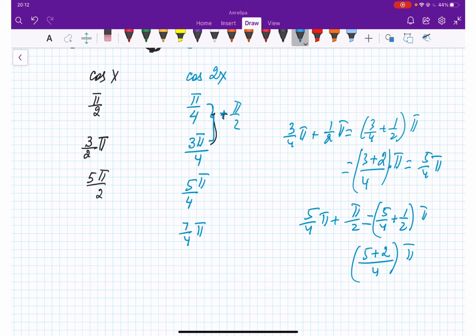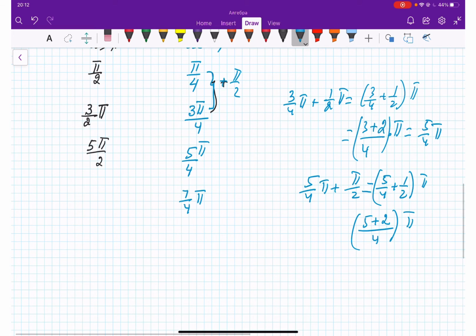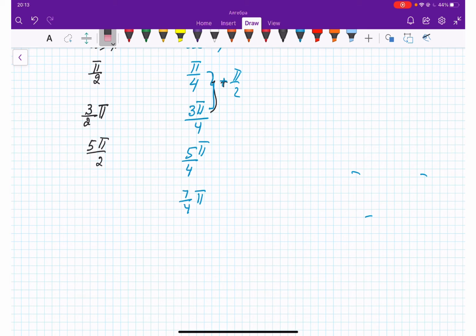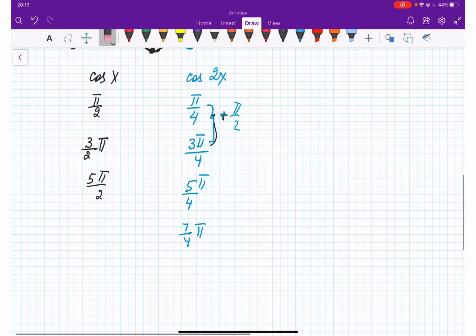If I add another half a pi, I will go beyond 2 pi, okay? Therefore, I'm stopping there for cosine 2x. Critical points for cosine 2x. So we have practically pi over 4, 3 pi over 4, 5 pi over 4, and 7 over 4 pi.